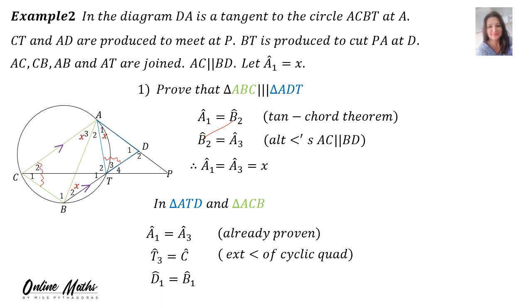And then the third angle, D1, is equal to B1, third angle of a triangle. Therefore, triangle ATD is similar to triangle ACB, and the reason is they are equiangular.